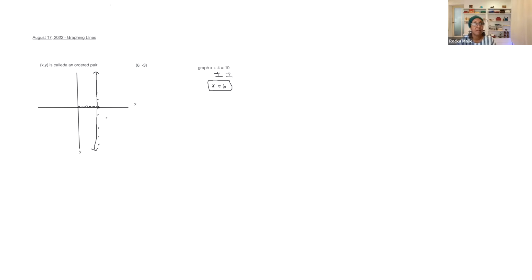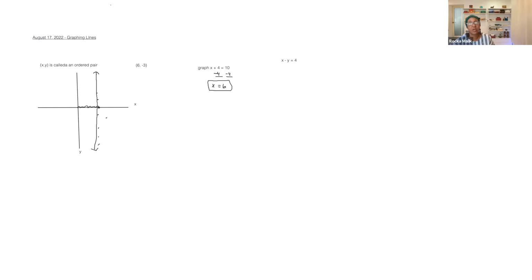Okay. Now, if you are graphing something different, like say x minus y equals 4, I'm going to have two values. I'm going to have an x value and a y value because I have two variables in my equation.